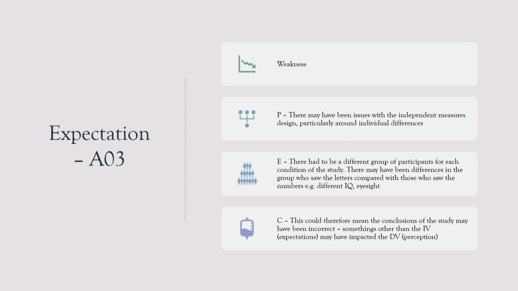And last but not least then, I've mentioned that this is an independent measures design, so research methods revision here: independent measures. You've got different groups of the study taking part in different conditions of the independent variable. So the different conditions here were the priming of whether it was numbers or letters that you saw in front of the ambiguous stimulus.